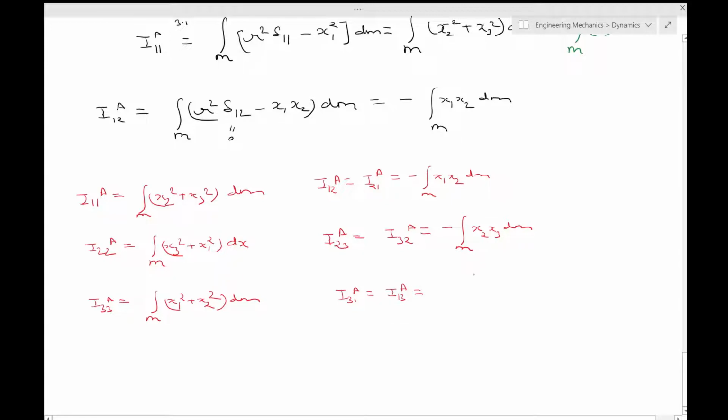I31 is equal to I13, that would be minus of m x3 x1 dm. Okay, so this is all equation 3.5.